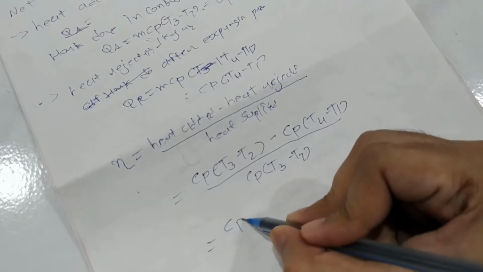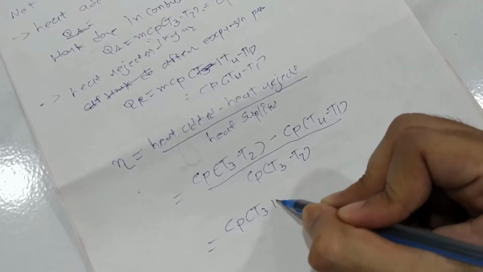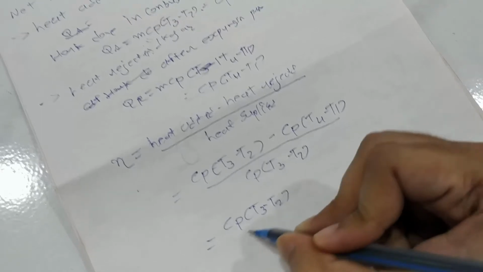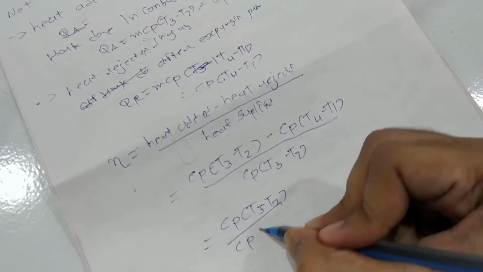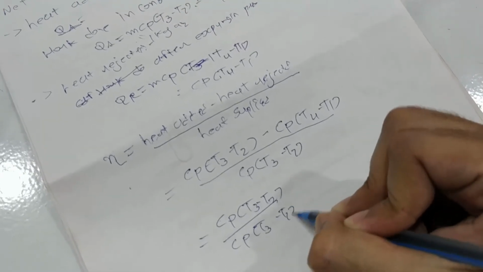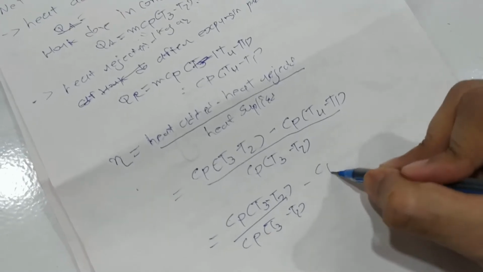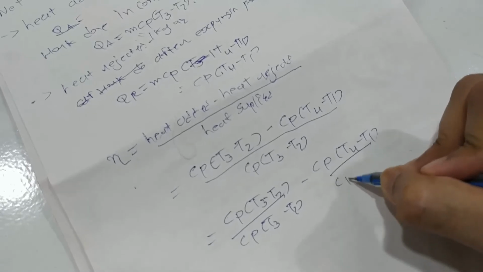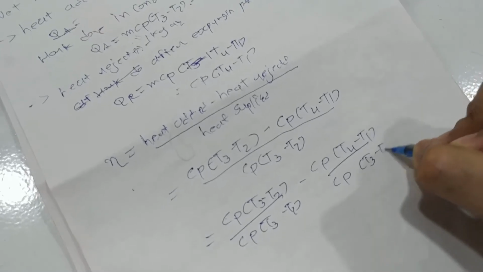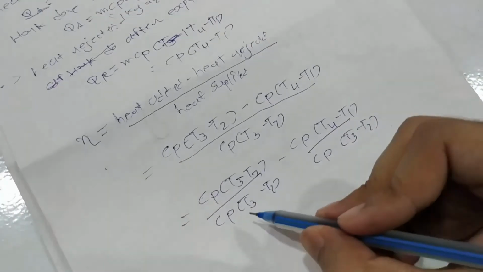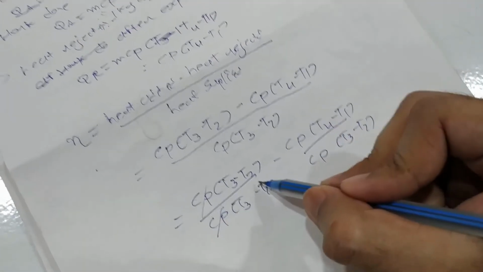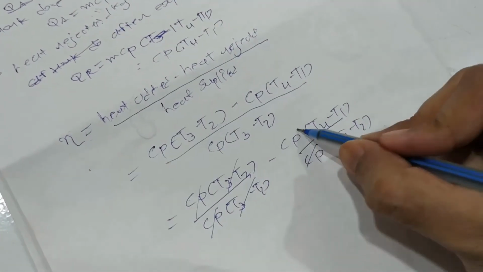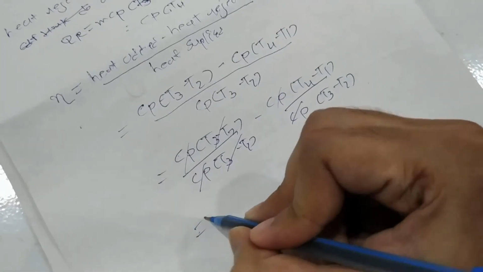I can write this equation and cancel these terms, so the equation will become simpler.